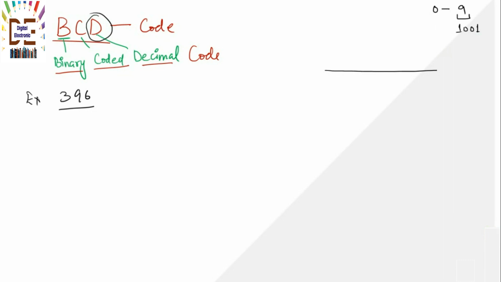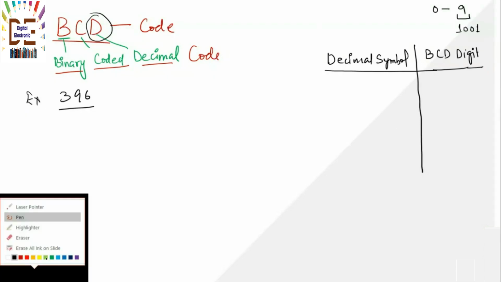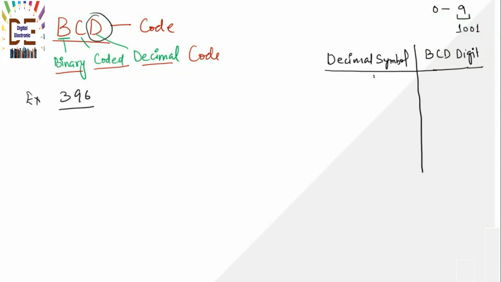Let me write the decimal symbol here, and its equivalent, the BCD digit. The decimal digits I am taking are 0, 1, 2, 3, 4, 5, 6, 7, 8, 9.